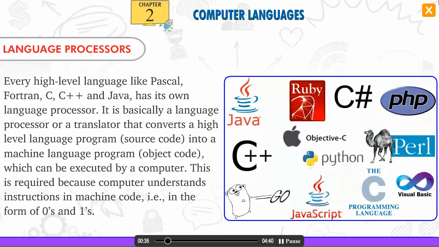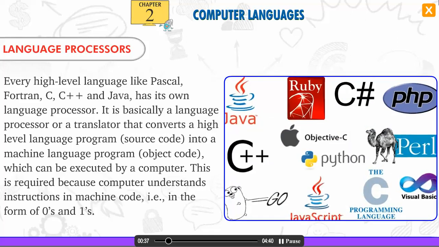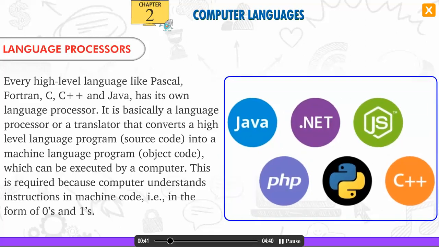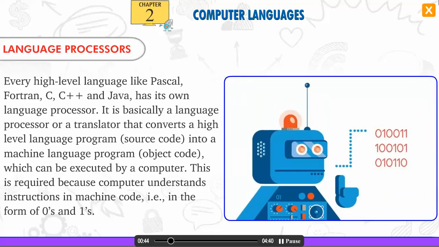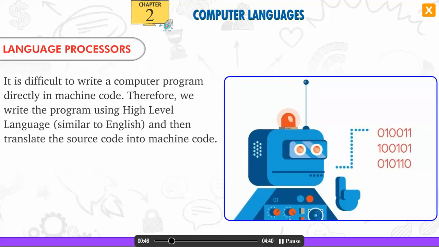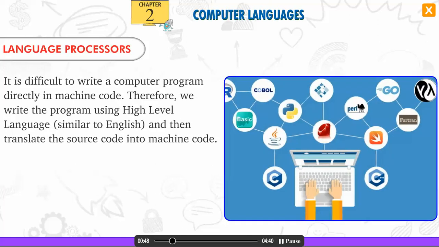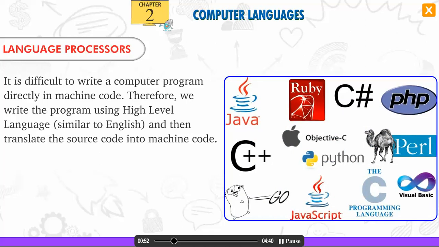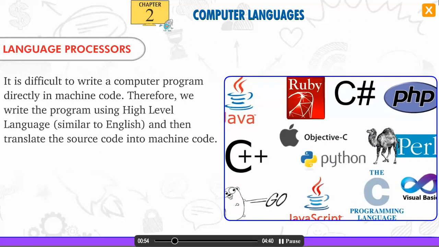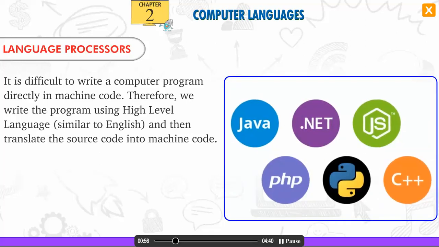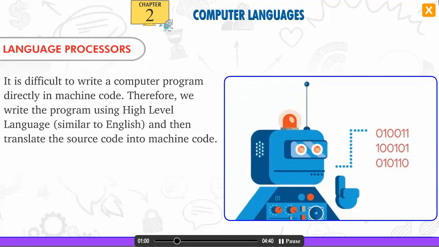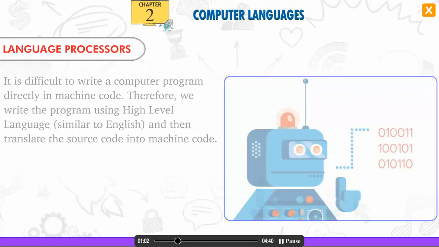This is required because the computer understands instructions in machine code, for example, in the form of zeros and ones. It is difficult to write a computer program directly in machine code. Therefore, we write the program using a high-level language similar to English and then translate the source code into machine code.